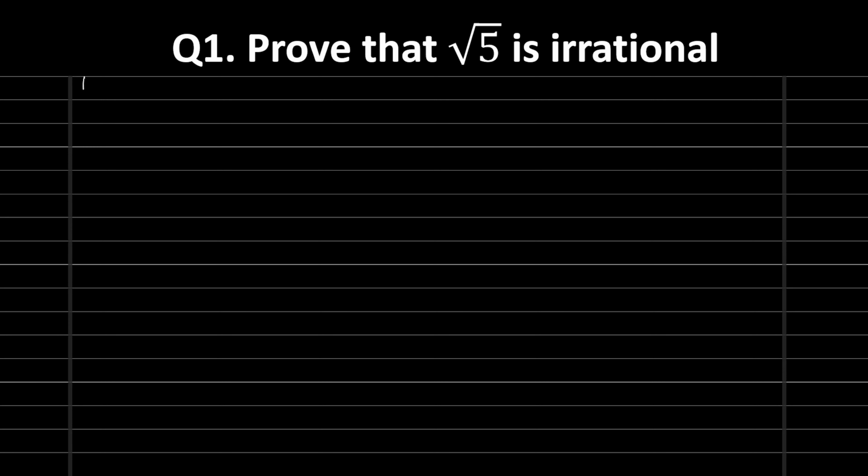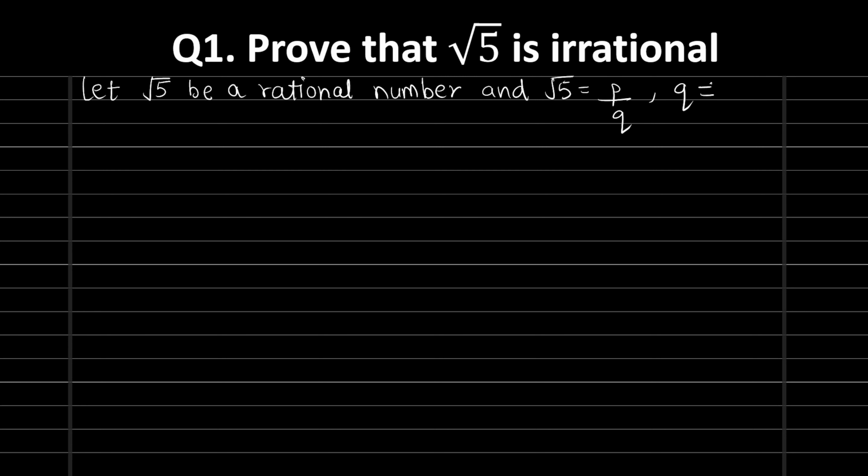First of all, we will write down: let root 5 be a rational number. So definitely we can write root 5 in the form of p by q, that is root 5 equals p upon q, where q is not equal to 0.